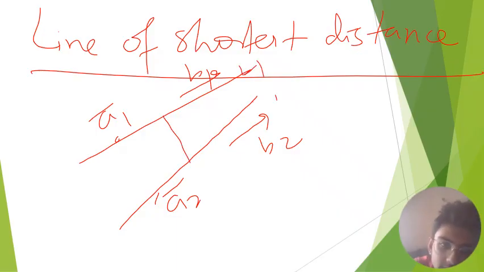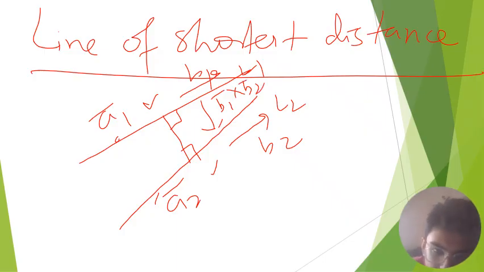Suppose this is L1, this is L2. You will take the general point on each line as we discussed in the last lecture, using lambda and mu as constants. Then you have to find the direction ratio of this particular line, which is perpendicular to both L1 and L2. Once you get that direction ratio, you also have the direction ratio of B1 cross B2, which is perpendicular to B1 and B2.